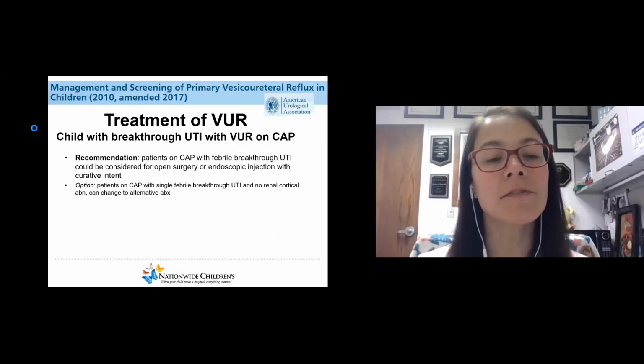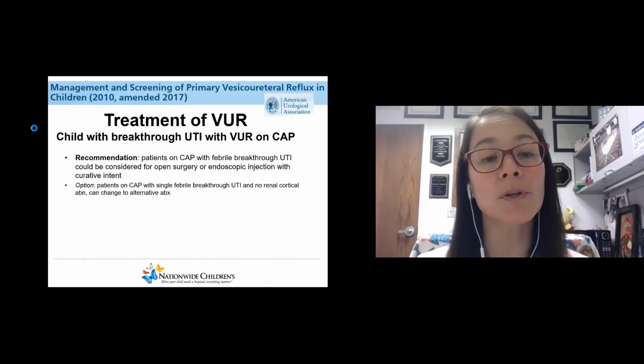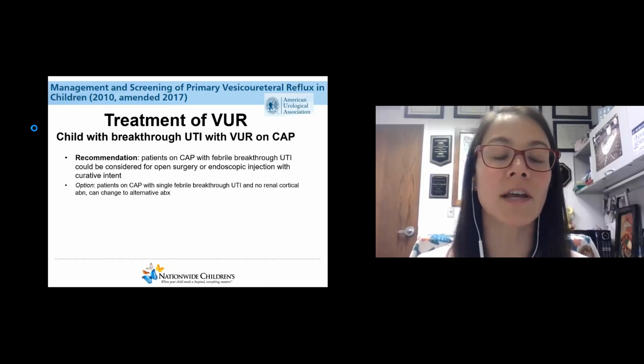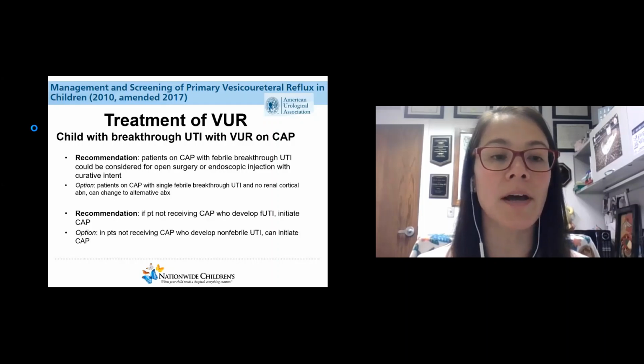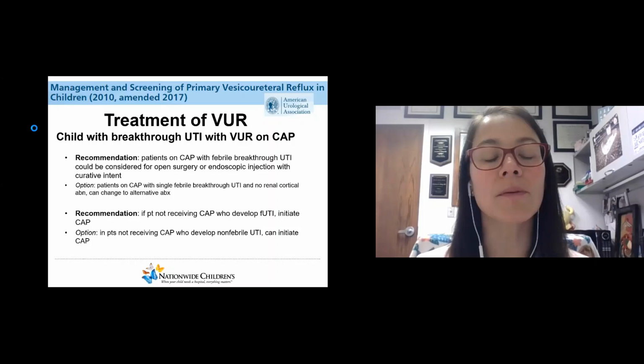It's an option, if a patient on continuous antibiotic prophylaxis has a single febrile breakthrough urinary tract infection with no known renal issues, that you can just change the antibiotics to an alternative antibiotic. And just for completeness in this group of patients, it's also a recommendation that if patients aren't receiving continuous antibiotic prophylaxis and they have a urinary tract infection, you initiate antibiotic prophylaxis.